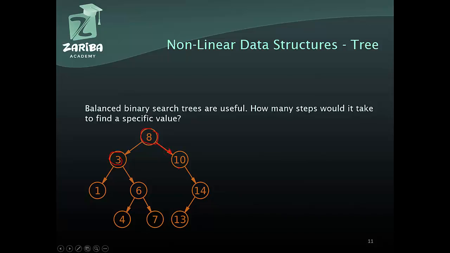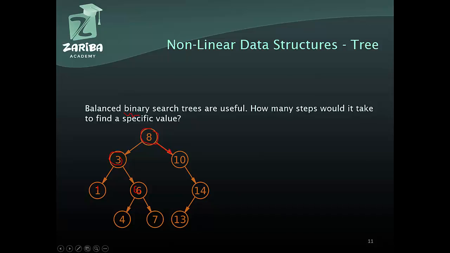Okay, and we stop. You can't put more than two children here, because it's binary. Binary means that each node should have no more than 2 children at once. Okay, so we're at the 3. We have a 1 to the left, a 6 to the right.